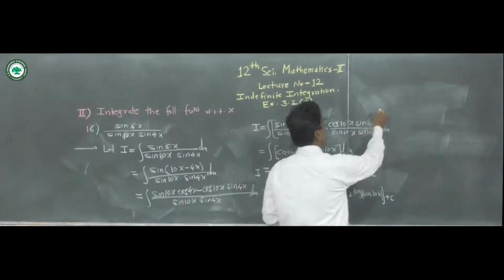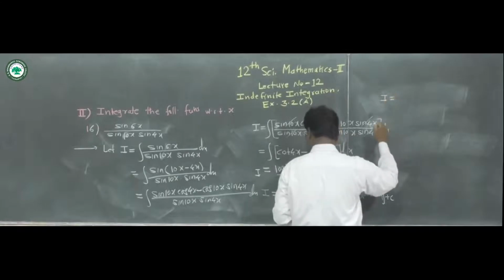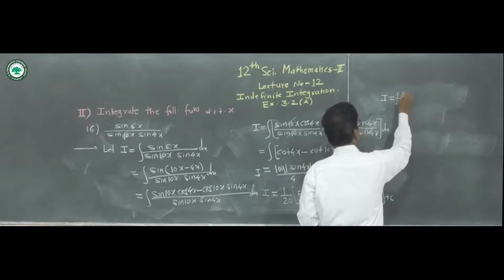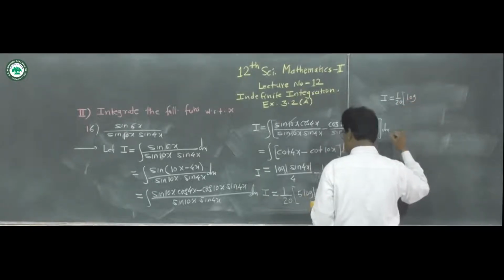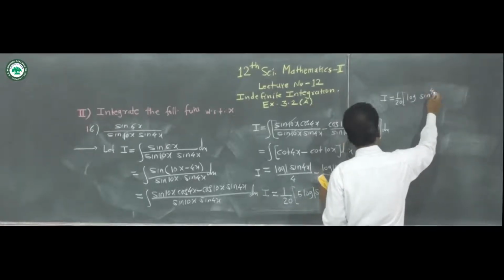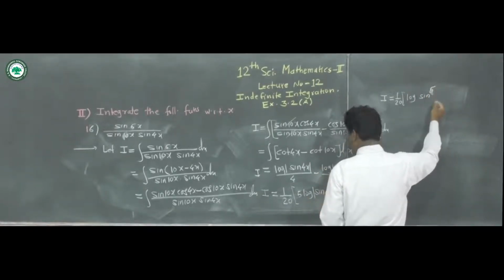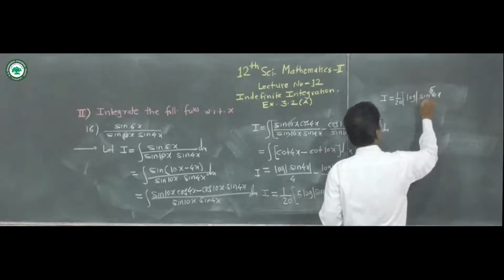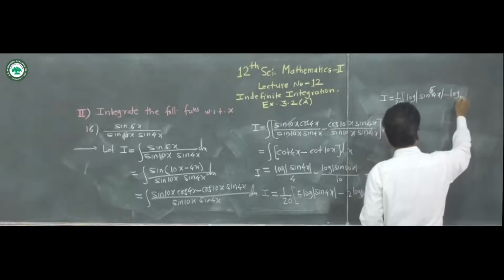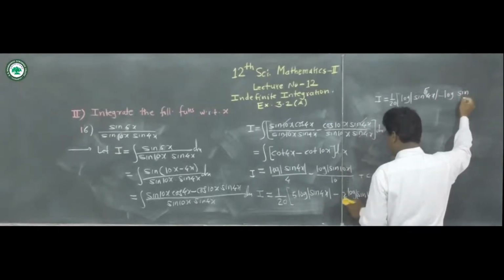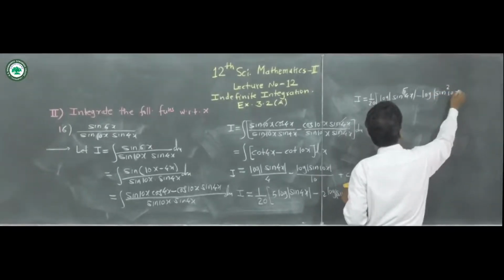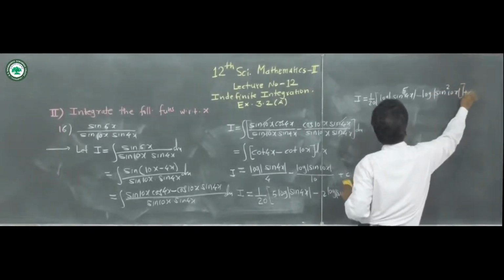So we get I is equal to required integral I is equal to 1 upon 20 into log of sine raised to 5, 4x, minus log of sine raised to 2, this 2 becomes power, so 2, and angle is here 10x, and plus constant of integration.